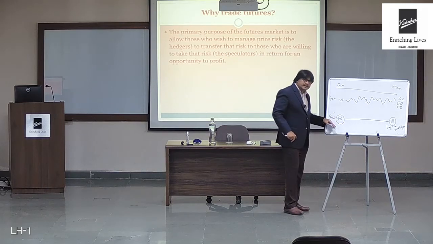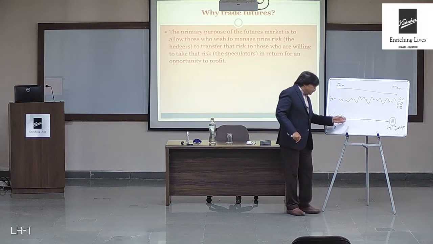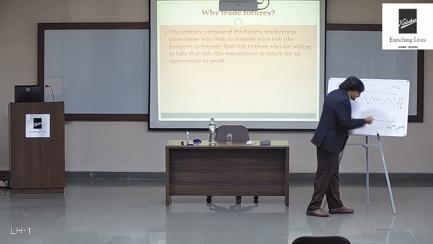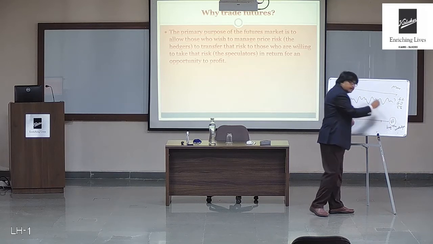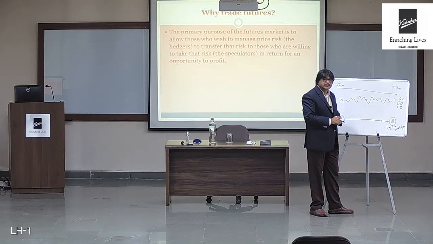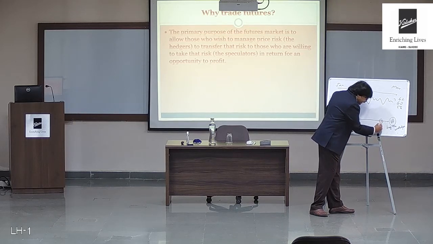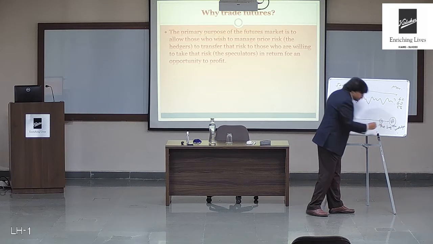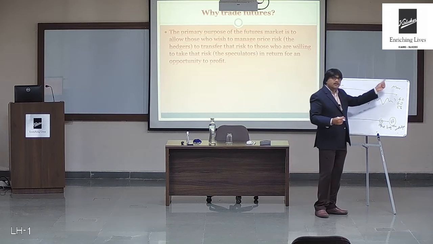The speculator takes a position after the position taken by the hedger, and then he can close the position, he can settle, or it is called offset his position before the actual delivery date or settlement date.